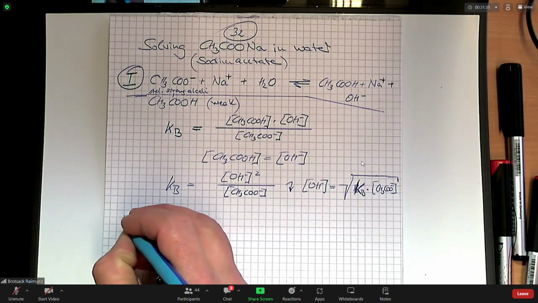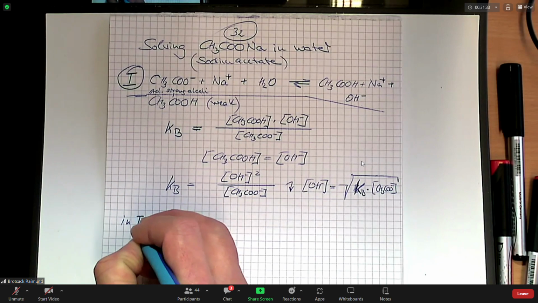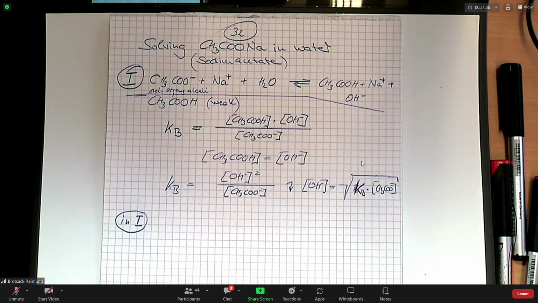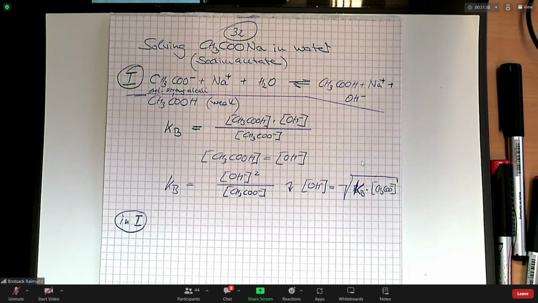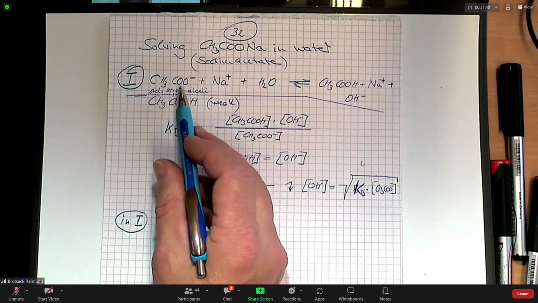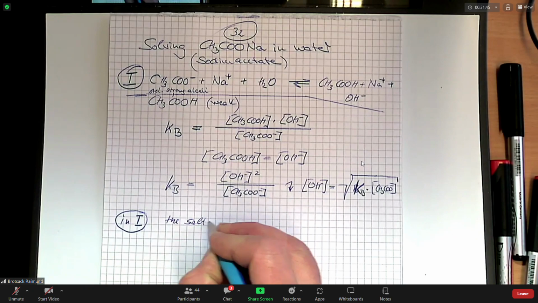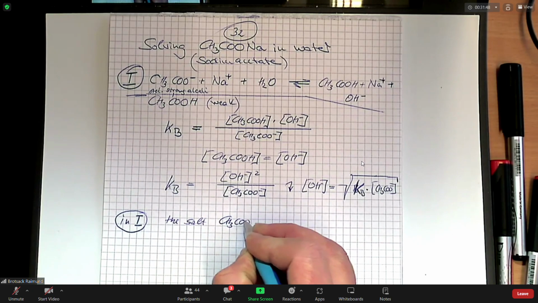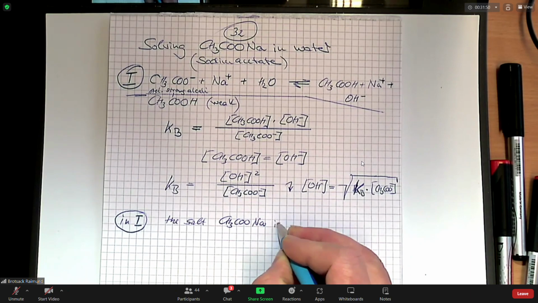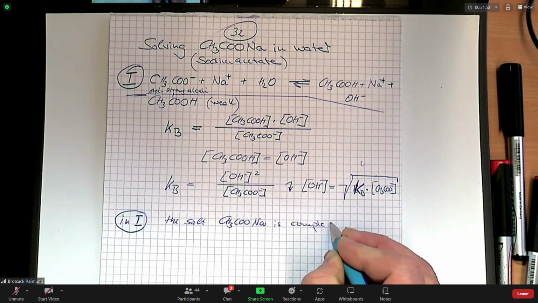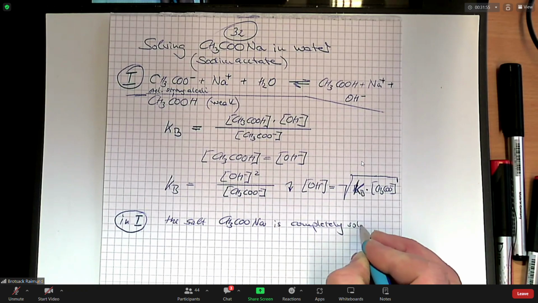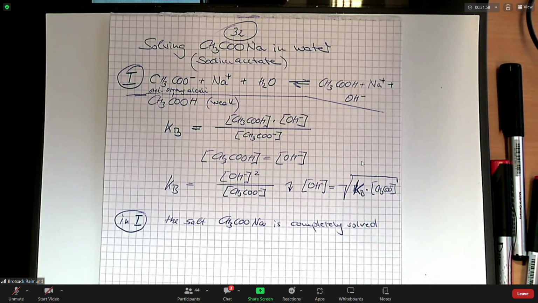Now, when we have a look at equation 1, the salt, the initial salt, is completely solved. When we put sodium acetate into water, it's totally solved.